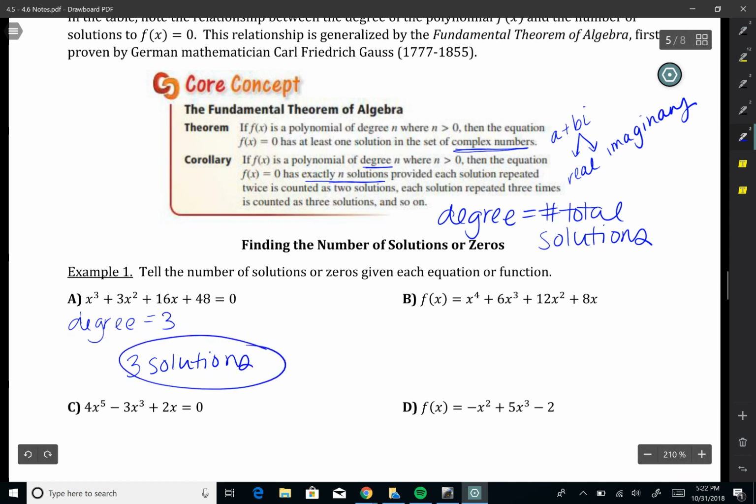In letter B, I have the function f of x equals x to the 4th plus 6x cubed plus 12x squared plus 8x. Now, this is just given to us in a different form than A was. A was an equation, so it's asking for solutions. B is a function, so it's asking for zeros, knowing that we'd put 0 right here. It's degree 4, so we would say it has 4 zeros.